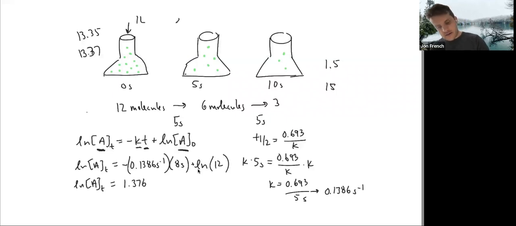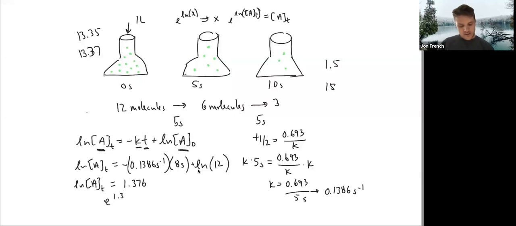So from class, right, e to the natural log of x equals x. So that means e to the natural log of concentration equals our concentration. So e to the 1.376, and I get like 3.96, so we'll call that 4.